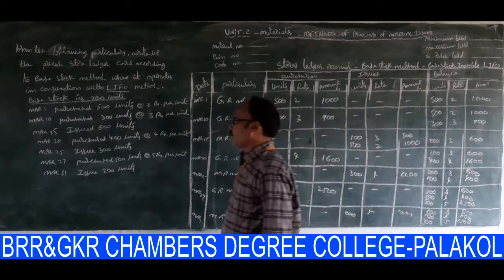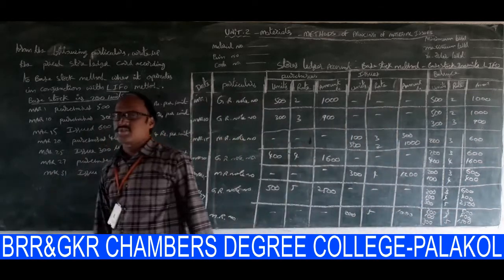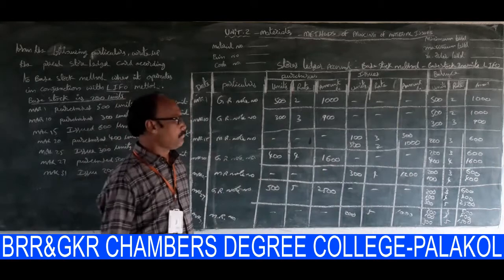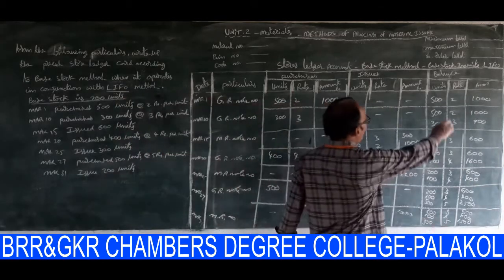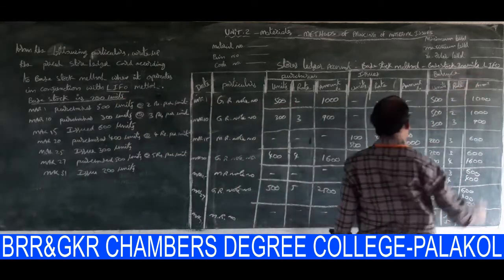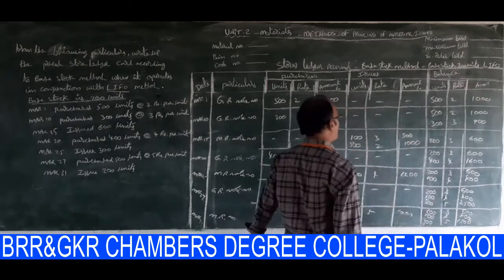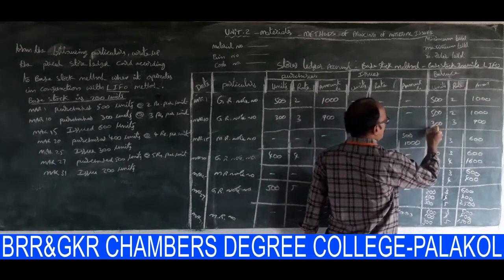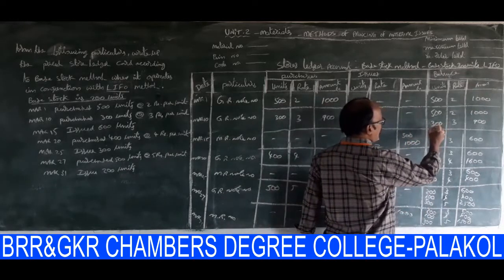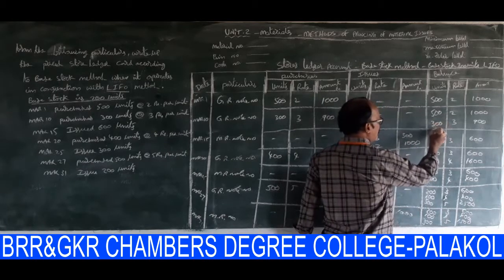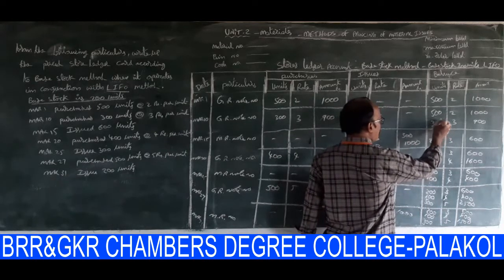Okay, next, issued 600 units, but this is the base stock of 200 units in LIFO. That is the meaning of that. So from this is the last in first out method. That's why from the 300 units we have to maintain 200 units of base stock.